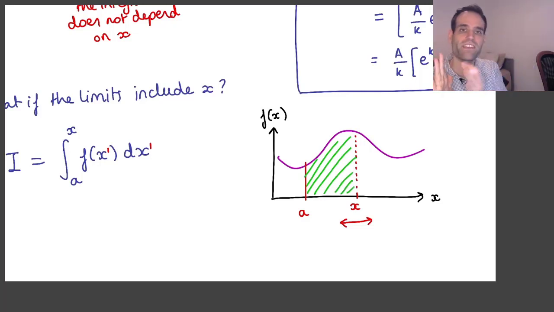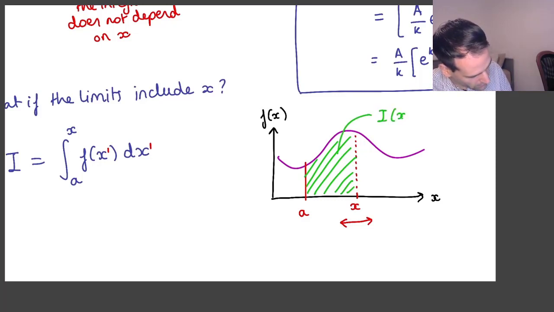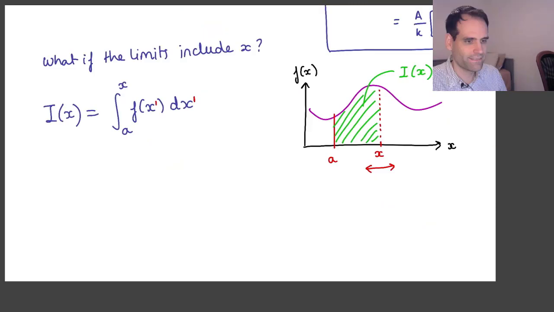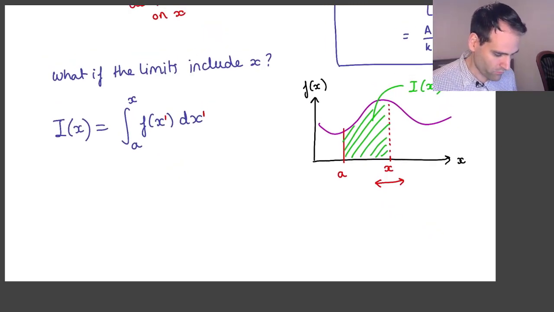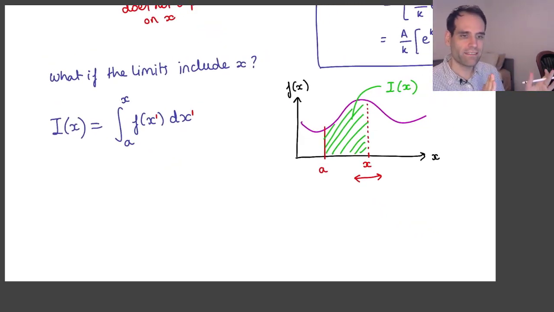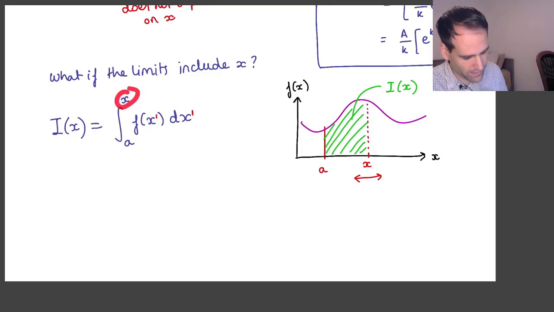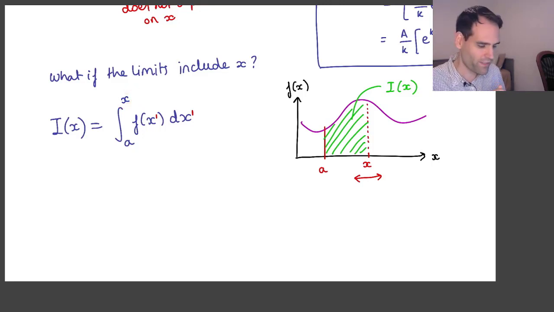Of course, if we change x, the area will change. So this area is the integral, which is a function of x. Therefore, I could write here that this integral is a function of x. This time, doing an integral with respect to x still leaves you with a function that depends on x. And it's all thanks to the fact that x is in the limit. This will be very important to understand multiple integrals.